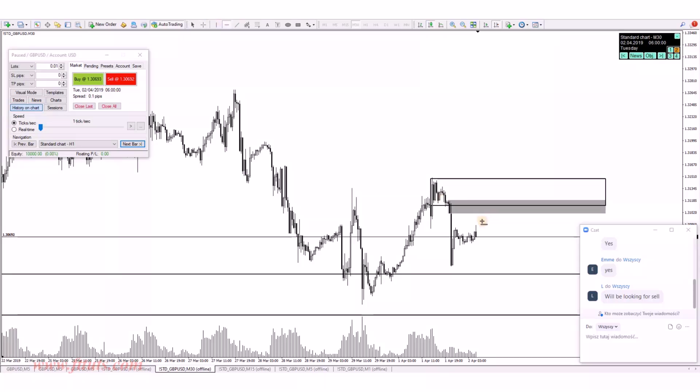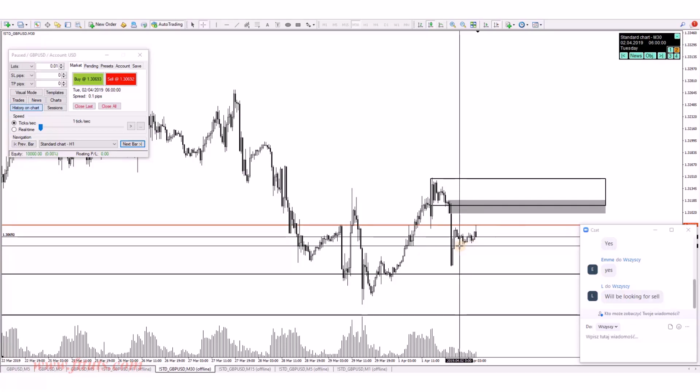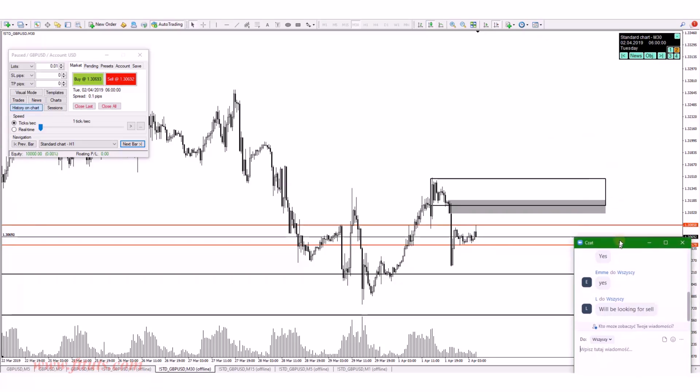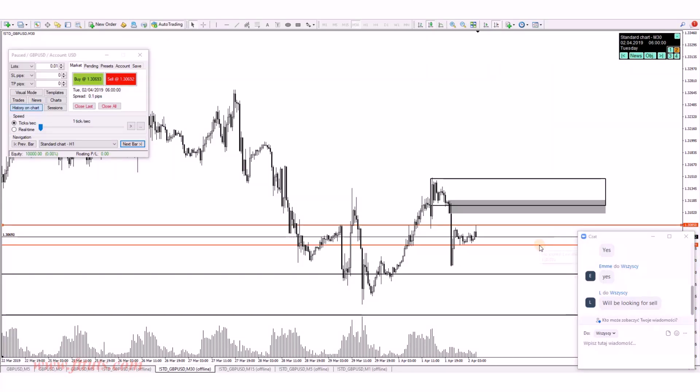So yeah, here will definitely be the Asian high, and here we have the Asian low. So the first key levels. We just need to mark this to copy to lower time frames.